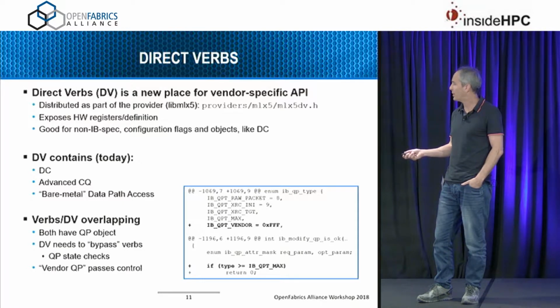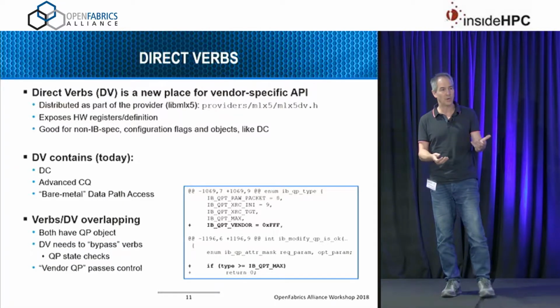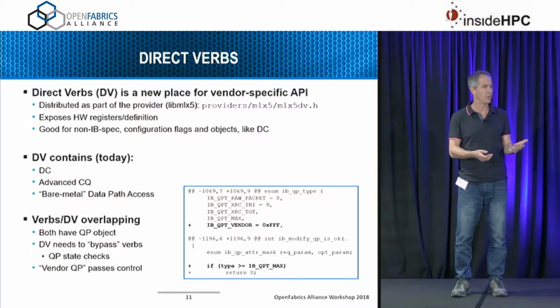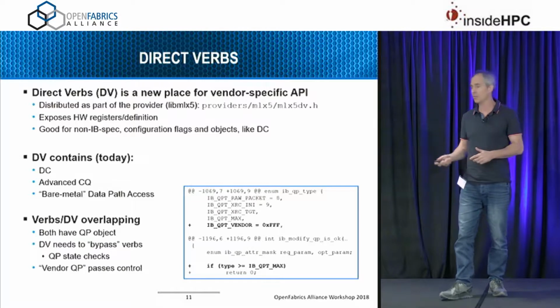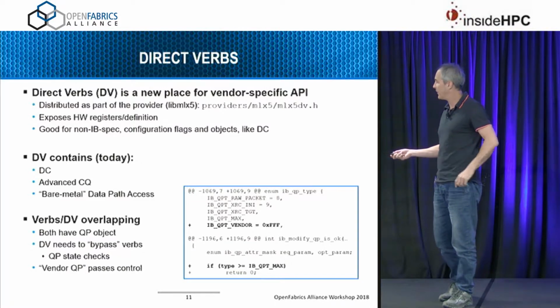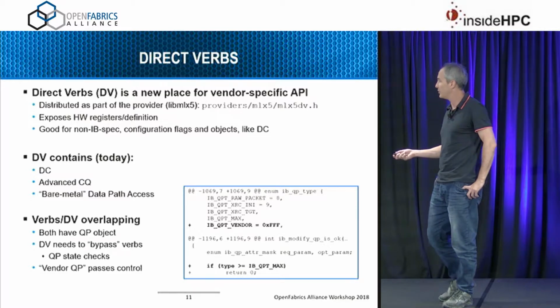Obviously, in the kernel, DC is not a standard transport, so the IB core will not know how to handle this transport, what fields to verify, or the state machine. So for this, we defined a QP type range, which is a QP vendor type.